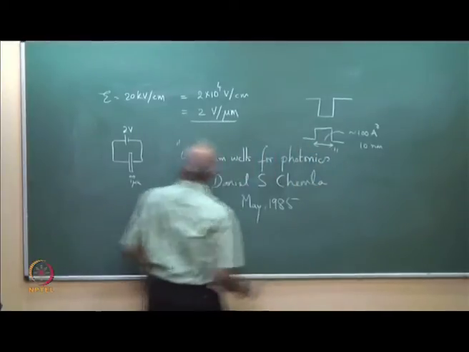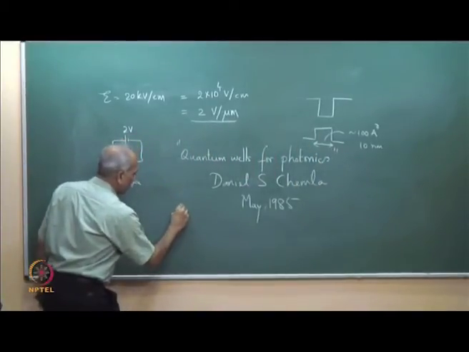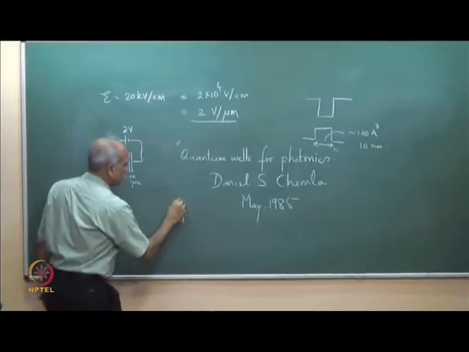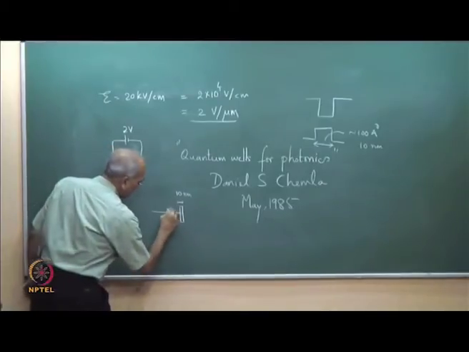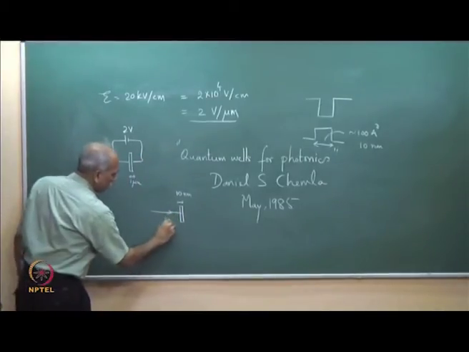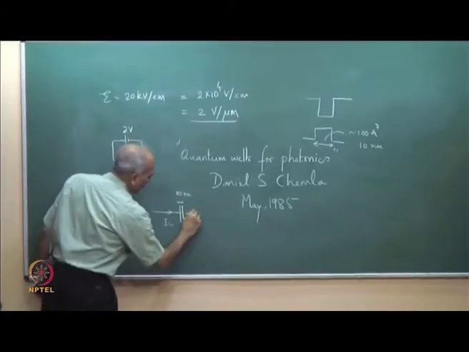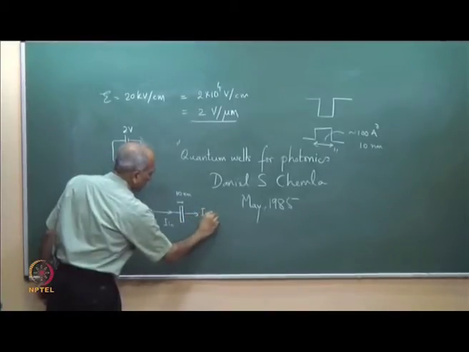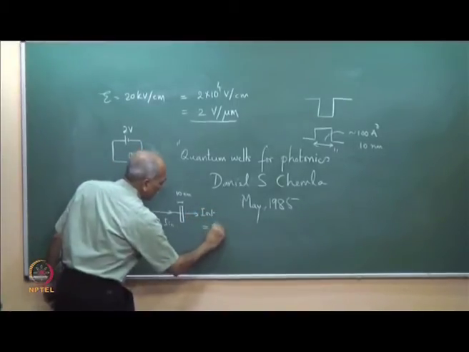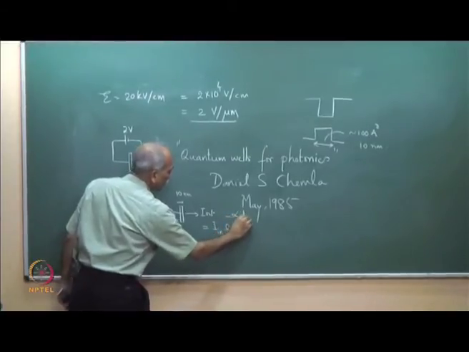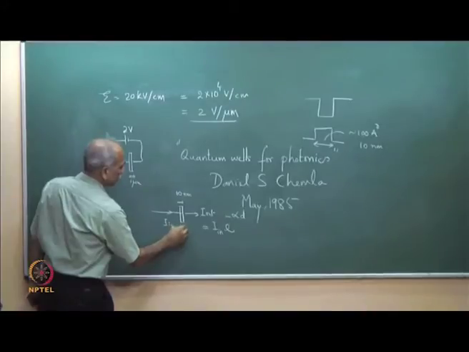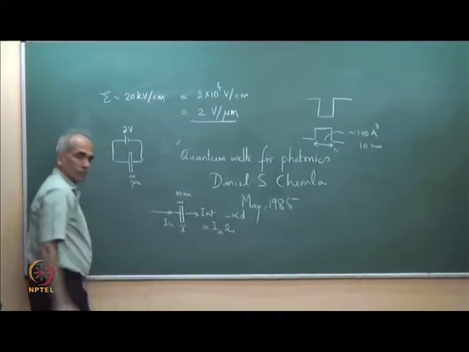If I take this quantum well, which is 10 nanometer thick, with light incident, I in, then I out will be equal to I in times e to the power minus alpha d, where d is the thickness.